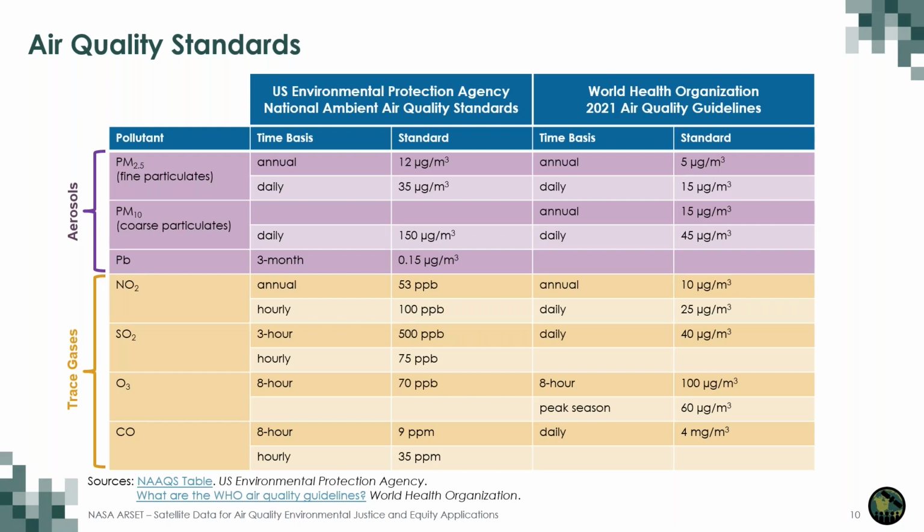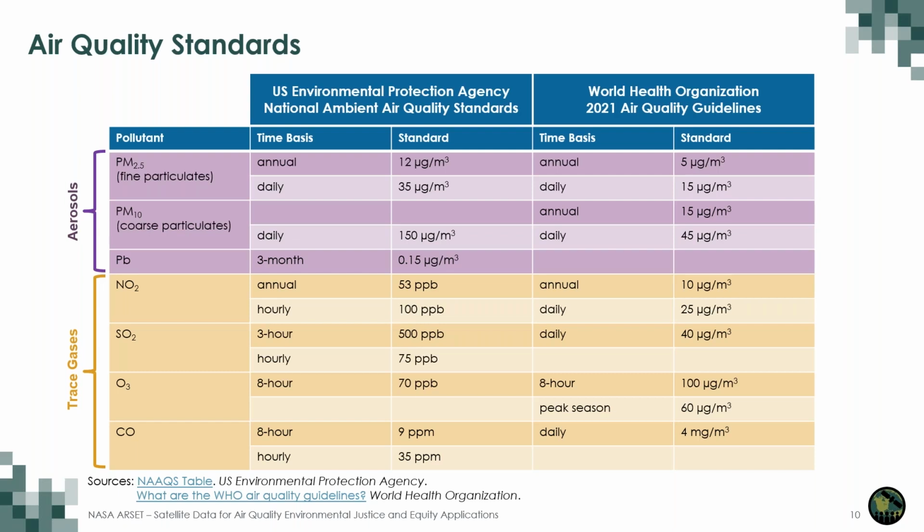Trace gases considered most relevant for air quality include nitrogen dioxide, NO2, sulfur dioxide, SO2, ozone, O3, and carbon monoxide, CO. The pollutants listed here are regulated both because of their own impacts on human health and the environment, as well as the fact that they can act as tracers or indicators of the presence of other unregulated but still potentially harmful air pollutants. These other pollutants may be co-emitted alongside of, or may form from, or may contribute to the formation of the tracked and regulated pollutants listed here.